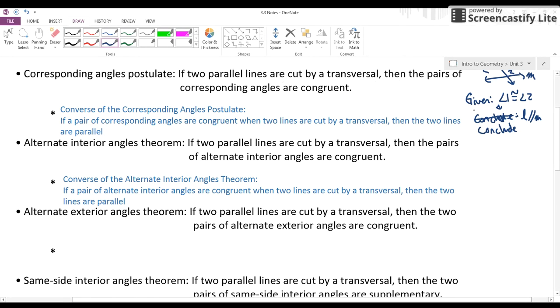If we bring this to a diagram, here, if this is my diagram, call this L, call this M, and again, nowhere am I given in the notation or in the words that L is parallel to M. But I know that angles 1 and 2 are congruent.